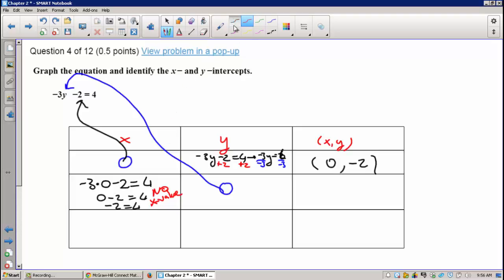That means no x-intercept. Isn't that weird? A straight line extends to infinity. It goes all the way somewhere else, and it never crosses the x-axis. Can this happen?